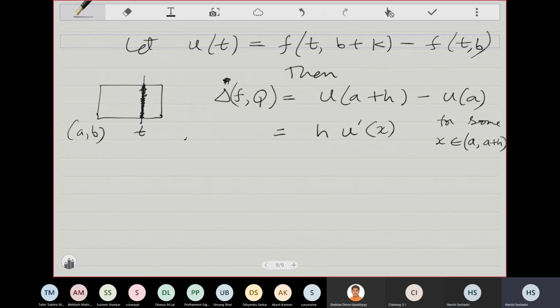Well, u is essentially a function of one variable. The differentiability of u amounts to saying that it's a difference of two functions of one variable.